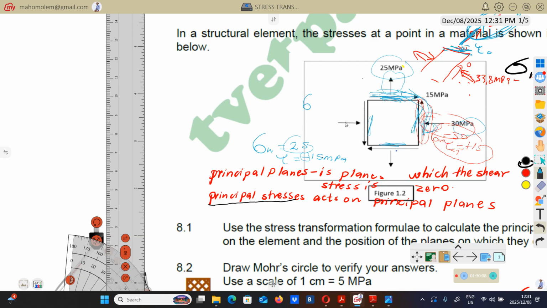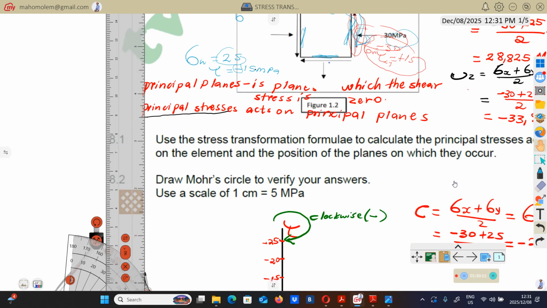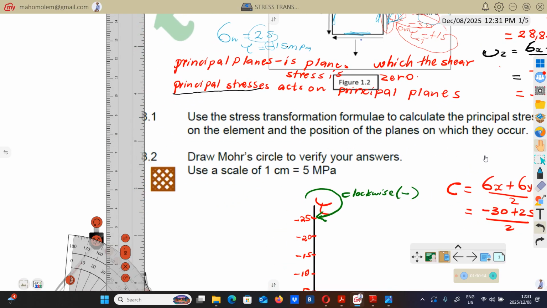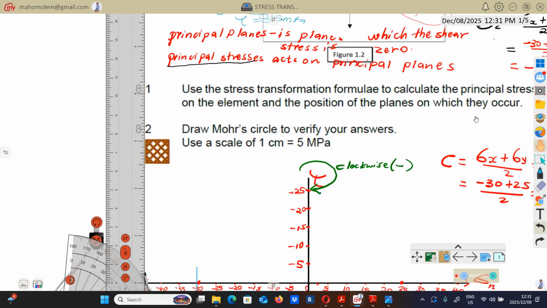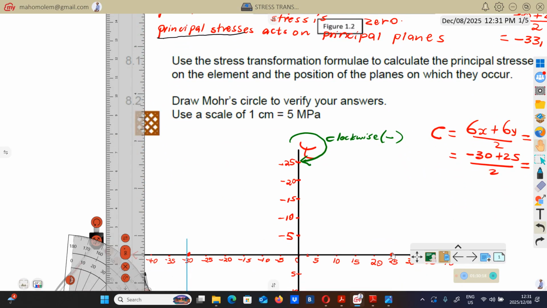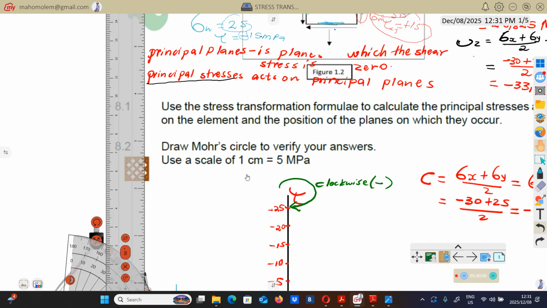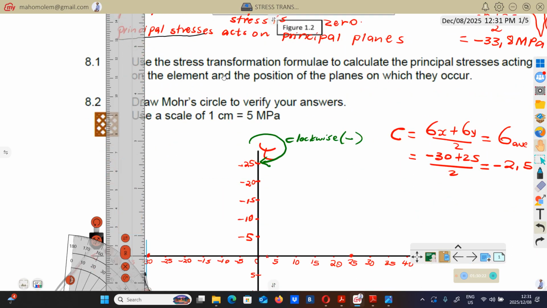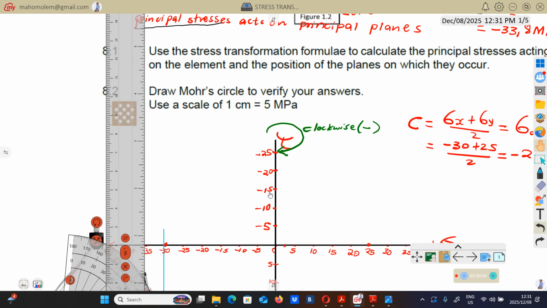Right, now we go to our Cartesian plane, where we have to plot positive 25, which is this one here, and negative 15. So negative is this side.